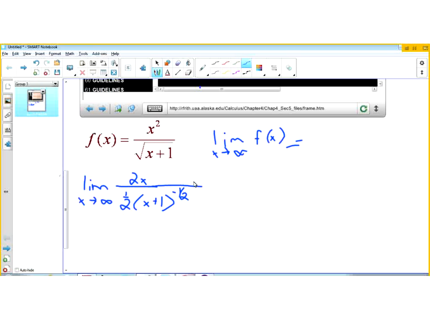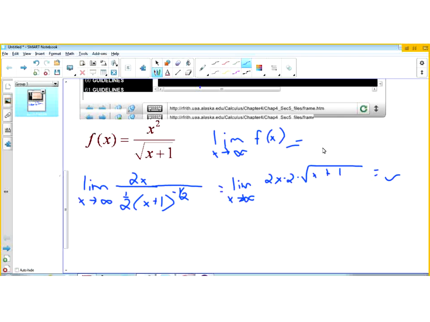Okay, and so that would equal the limit as x approaches infinity of 2x times 2 times the square root of x plus 1, which would be infinity. So it's infinity.